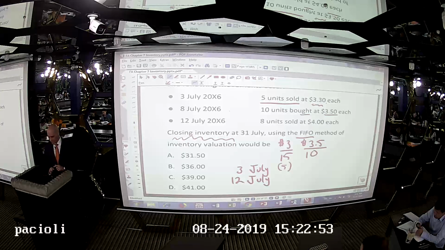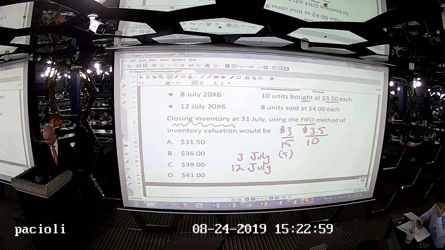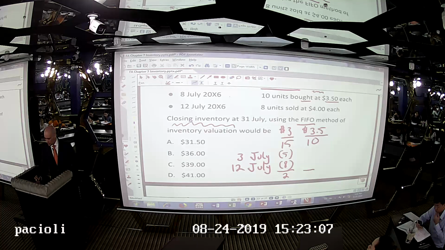And then on 12 July, we sell 8. Okay, so again, we're going to sell the $3 inventory. So of the $3 inventory, we're left with 2. $3.50, we're left with 10.